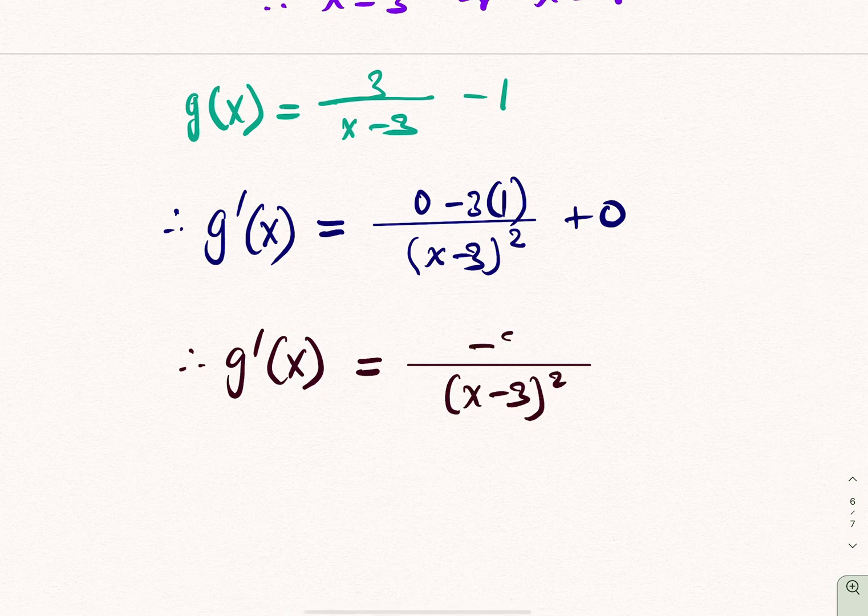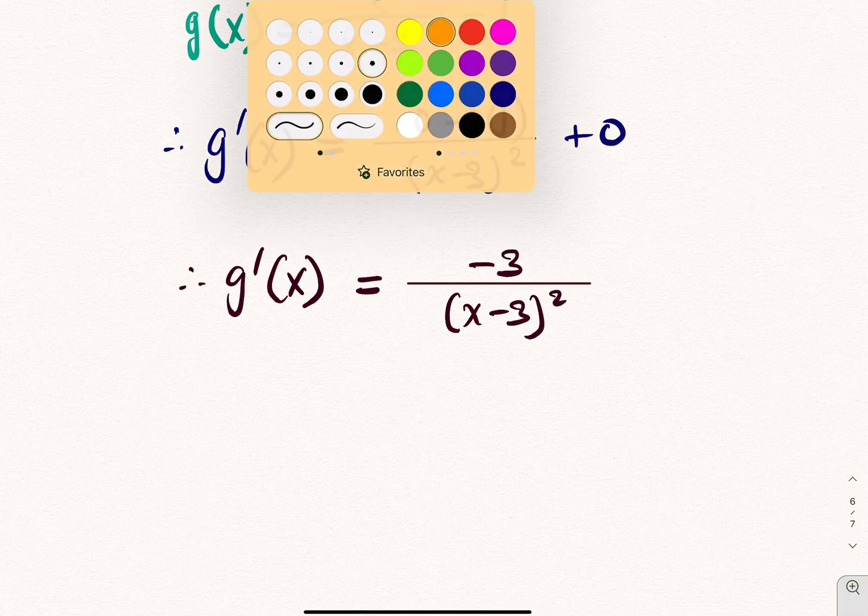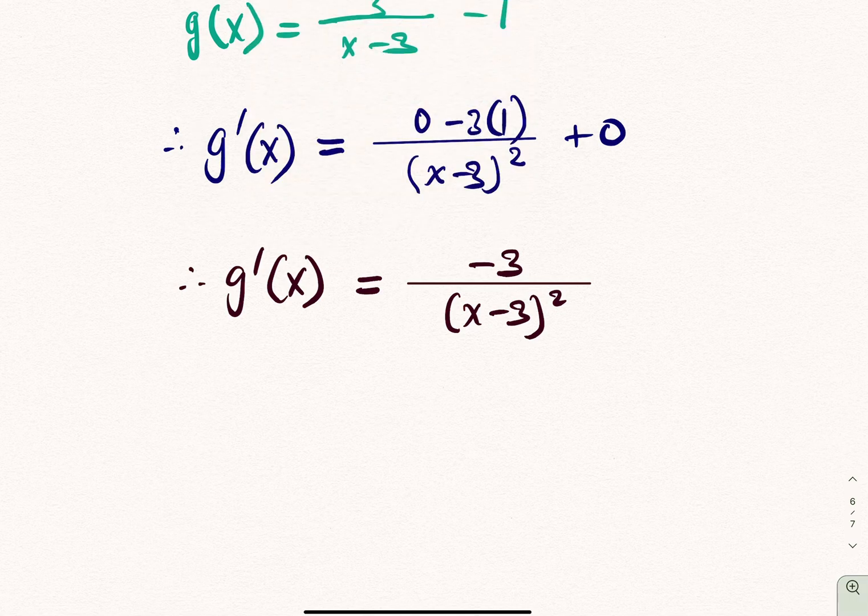Now, this is how I will do a shortcut of this one. Check, my g prime will forever be negative. Check why. This situation here, it's a positive thing. This one, it's a positive number. If you divide that positive number by a negative number, what do you get?